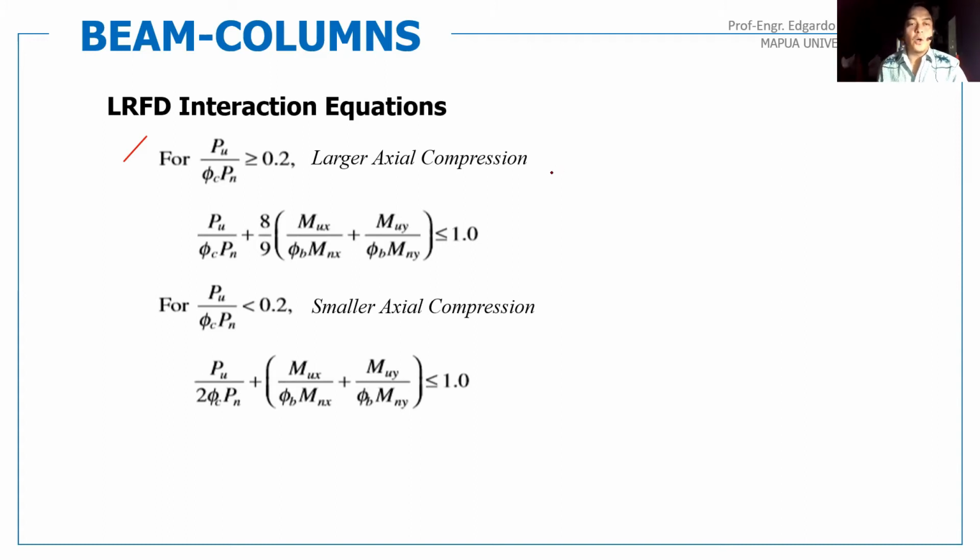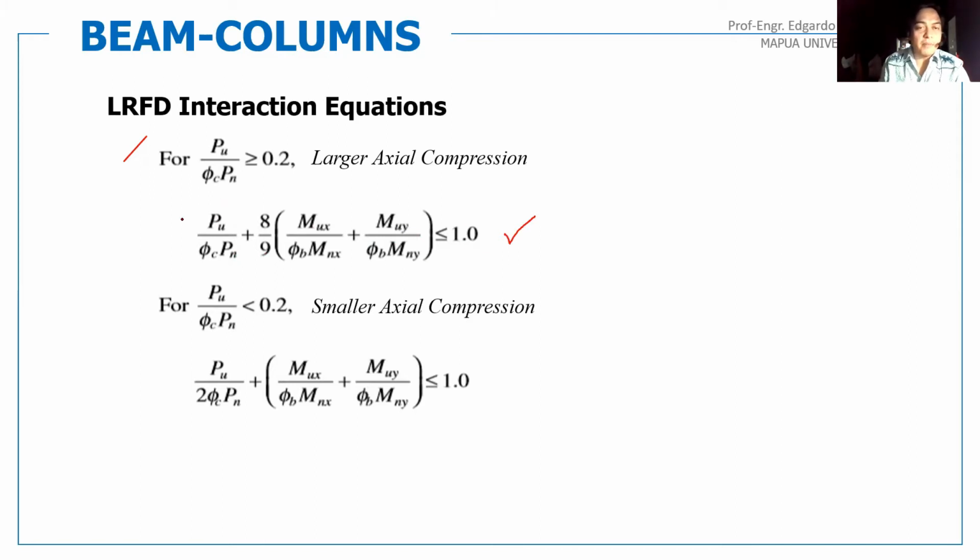Since it experiences larger axial compression, this is the interaction equation that we need to satisfy: Pu over phi Pn plus 8 over 9 of Mux over phi Mnx plus Muy over phi Mny should be less than or equal to 1 for adequacy.